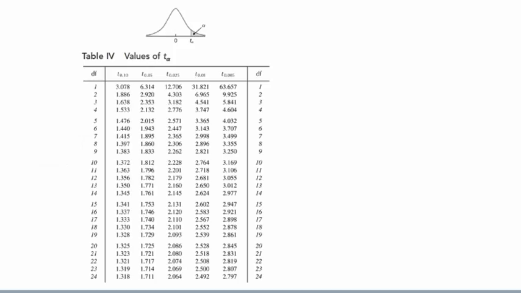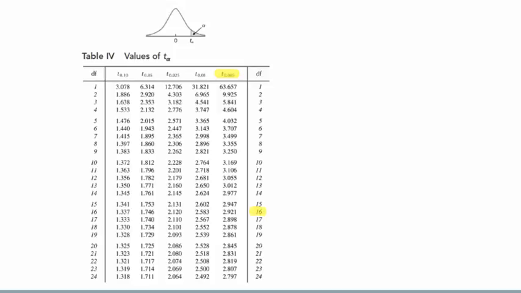Going to our table, we see that our table is set up with the area to the right of our t-value. The column is t of 0.005. Degrees of freedom for our problem was 16, so we want to go to the row 16.